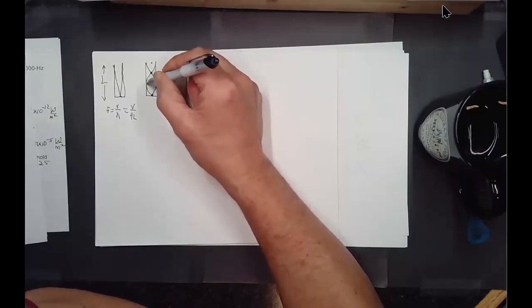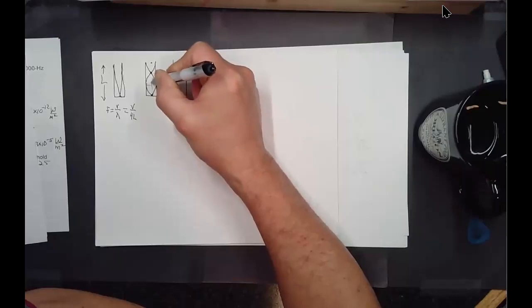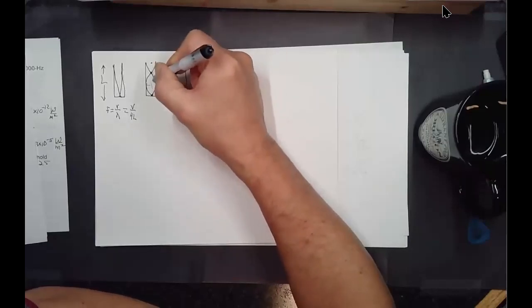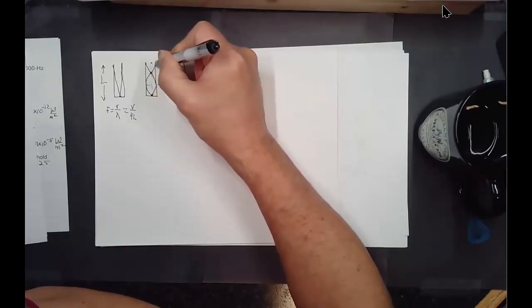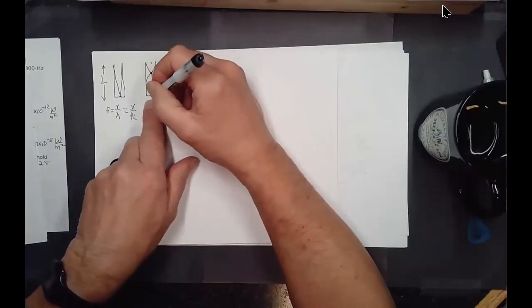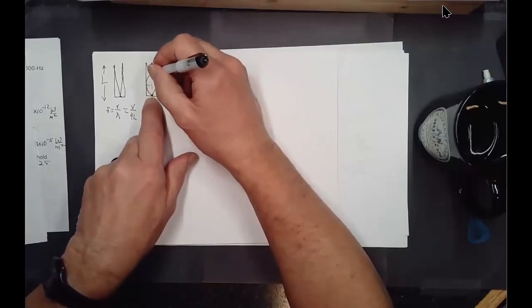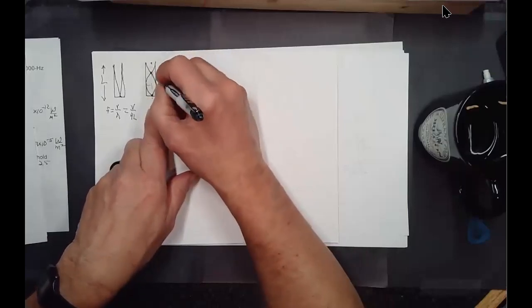So right at that spot, there'd be a displacement antinode. That's a place where the air molecules vibrate the maximum amount. Here, they don't vibrate back and forth at all because it's a node again, and then another antinode up here. Well, this is half a wavelength from here to here, and this is another fourth of a wavelength. And so that's 3/4 of a wavelength in the length L.